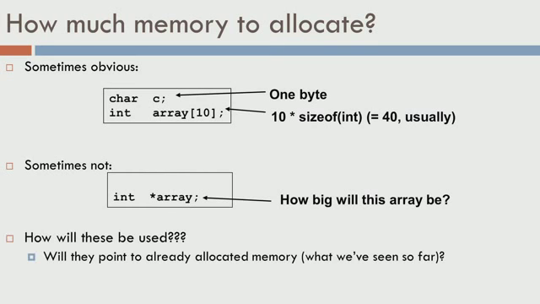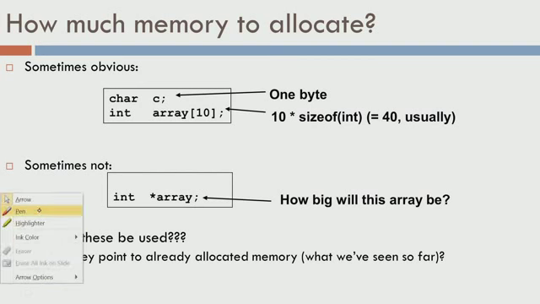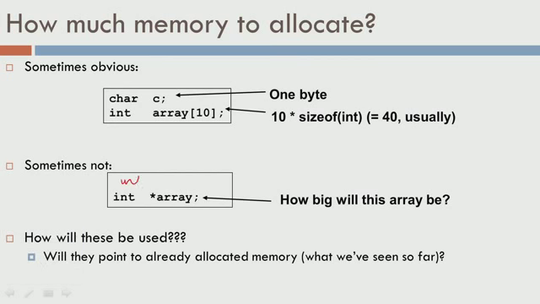So, int star array, if I have that, I could make array point to something that is already allocated. So, I may have something like this. Let us say I had a declaration of this form, int b of 10. So, b has already been allocated its space for 10 into 4, 40 bytes at least, and I could make array point to b.